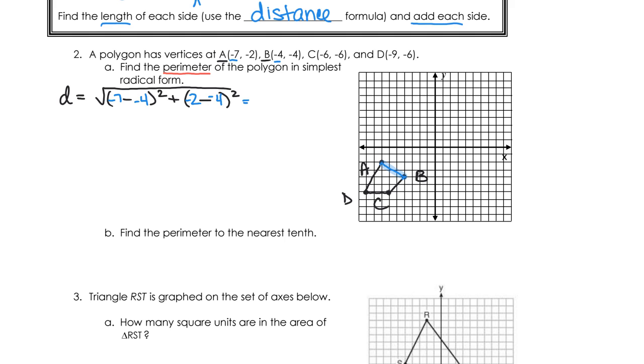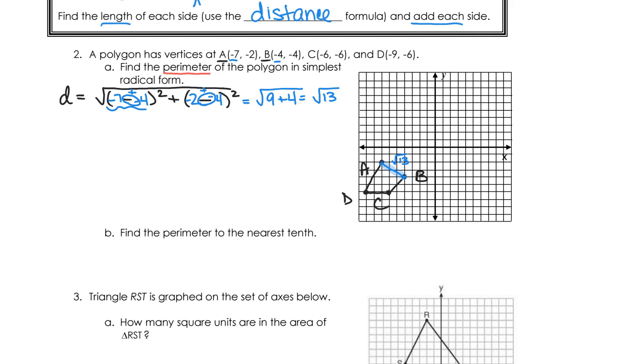So -7 minus a -4 is really the same as -7 plus 4, and -7 plus 4 is -3, and -3 squared is 9. Here we have -2 plus 4, which is 2, and 2 squared is 4. When we add them together, we get the square root of 13. So this side right here is the square root of 13.